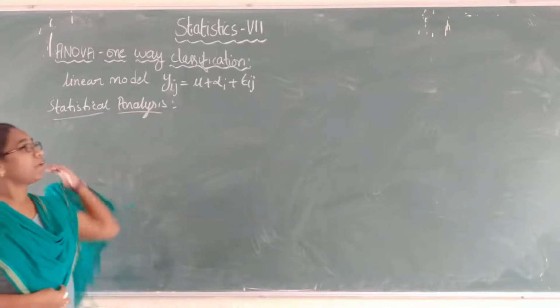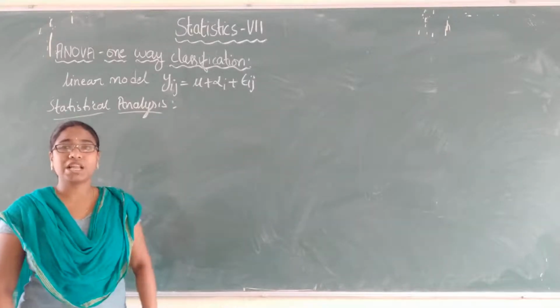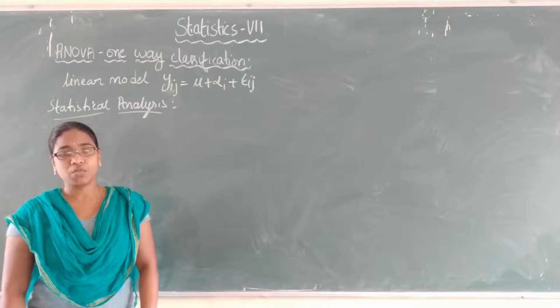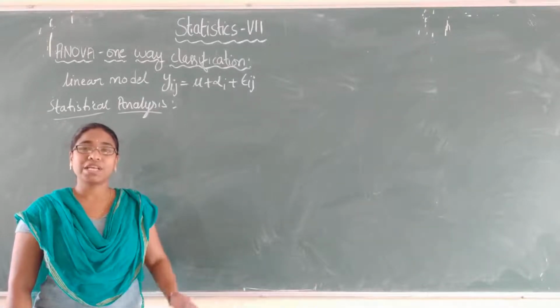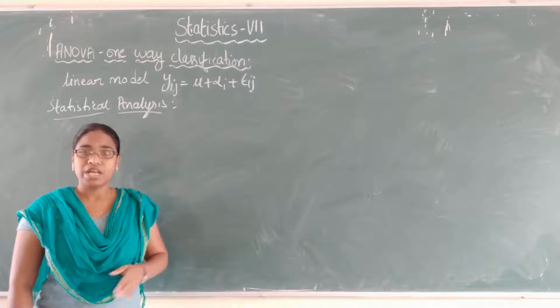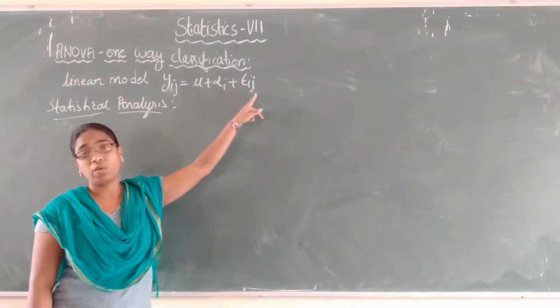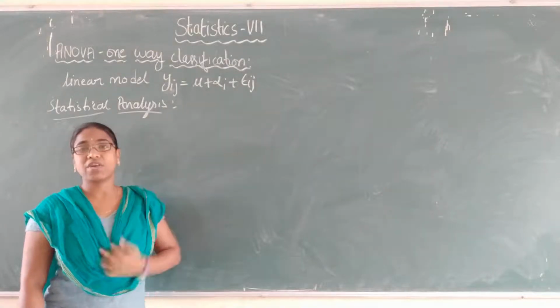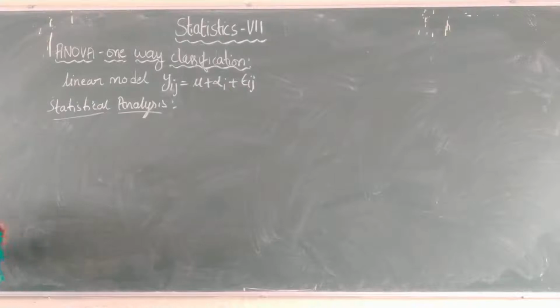Then we will estimate the parameters mu and alpha i by using the principle of least squares, that is, minimizing the sum of squares of residuals. From this linear model, we will find the error value, and we are going to use this error value for minimizing the error.